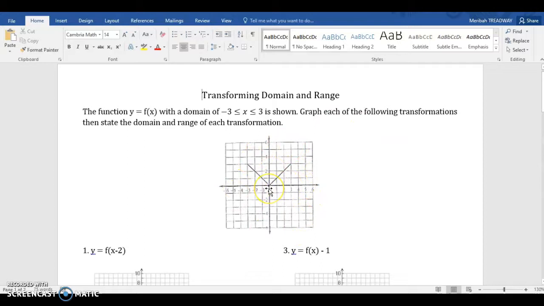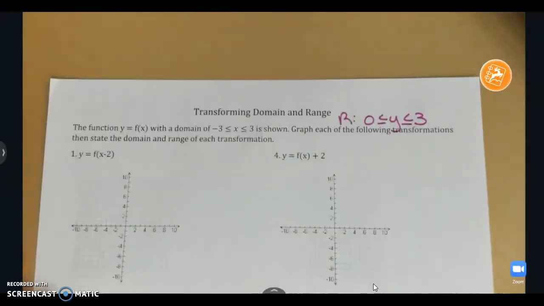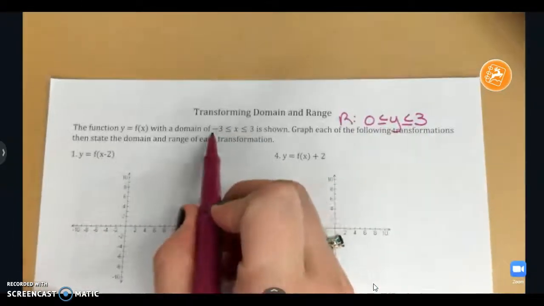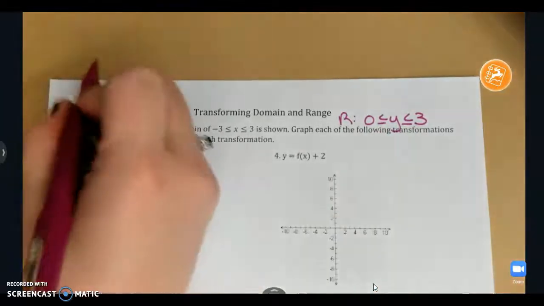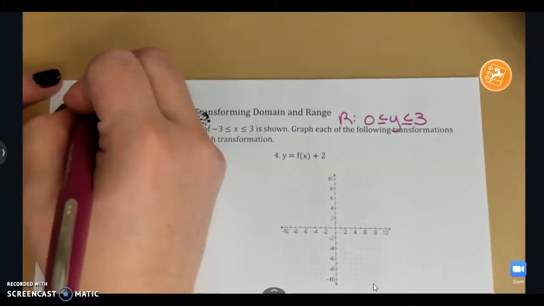Some points that are on this parent function are (0, 0), (-1, 1), (-2, 2), (-3, 3), (1, 1), (2, 2), and (3, 3). I am going to make that a table at the top. So this is my domain, my range, and these are the points of my parent function.